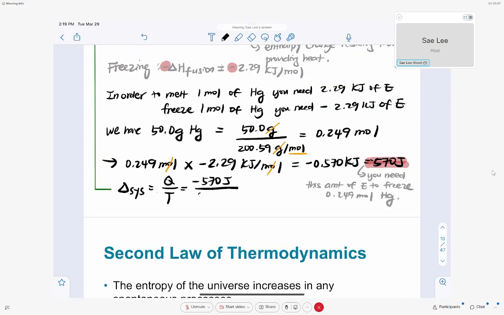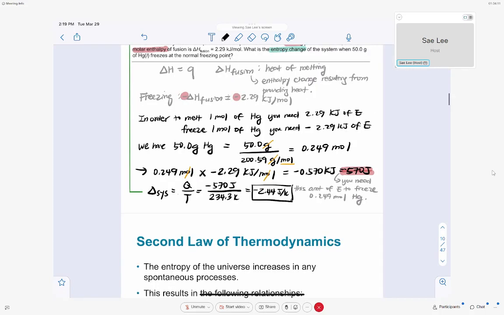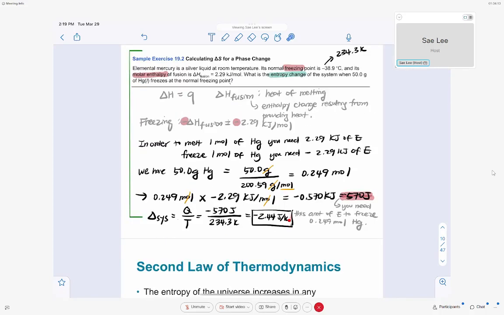If we divide by 234.3 Kelvin, we get -2.44 joule per Kelvin. This is the final entropy change of the system by freezing 0.249 mole of mercury. I'm going to repeat that one more time: -2.44 joule per Kelvin is the entropy change of the system when you freeze 0.249 mole of mercury.